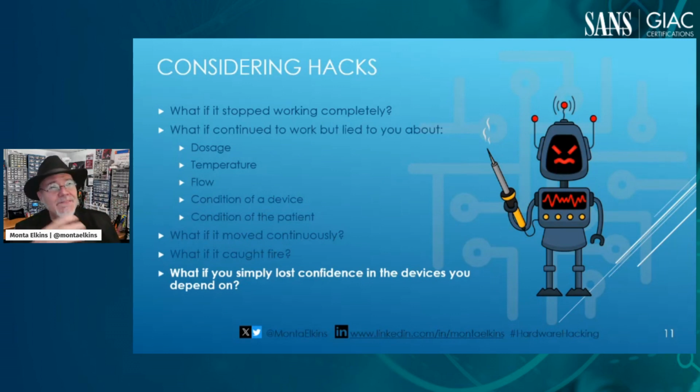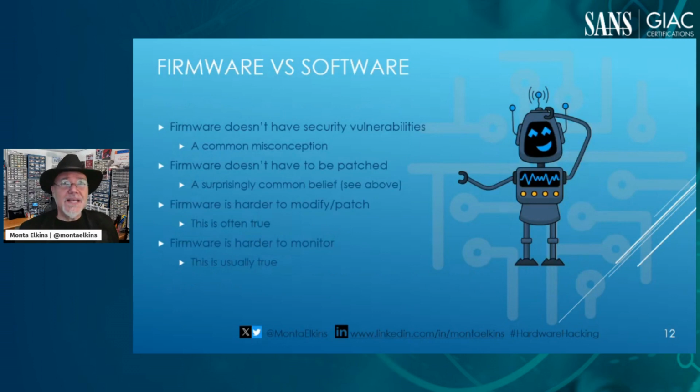And if you think about some things, well, the OR table, that's kind of innocuous. But if it was continuously moving, it would at least be annoying, right? It might impact the outcome. Maybe you delay, maybe you postpone this. Of course, if you were able to make them catch fire, that would be a pretty severe impact. Or what if you just lost confidence in the devices, that they may or may not be working when you needed them to work?